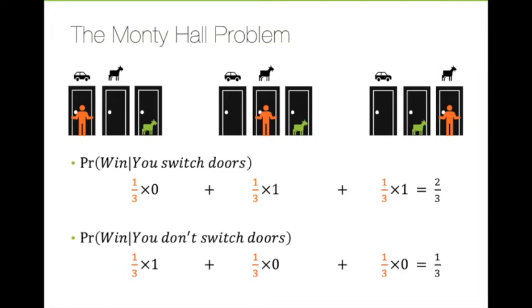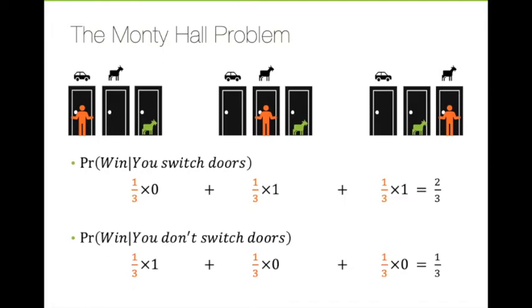In that case, you win if you switch. So in circumstances 2 and 3, the middle and right ones, we write our probability of winning as 1. You're guaranteed to win if you switch in each of those circumstances. Adding all of those possibilities together, we get the chance of winning given that we switch as 2/3.